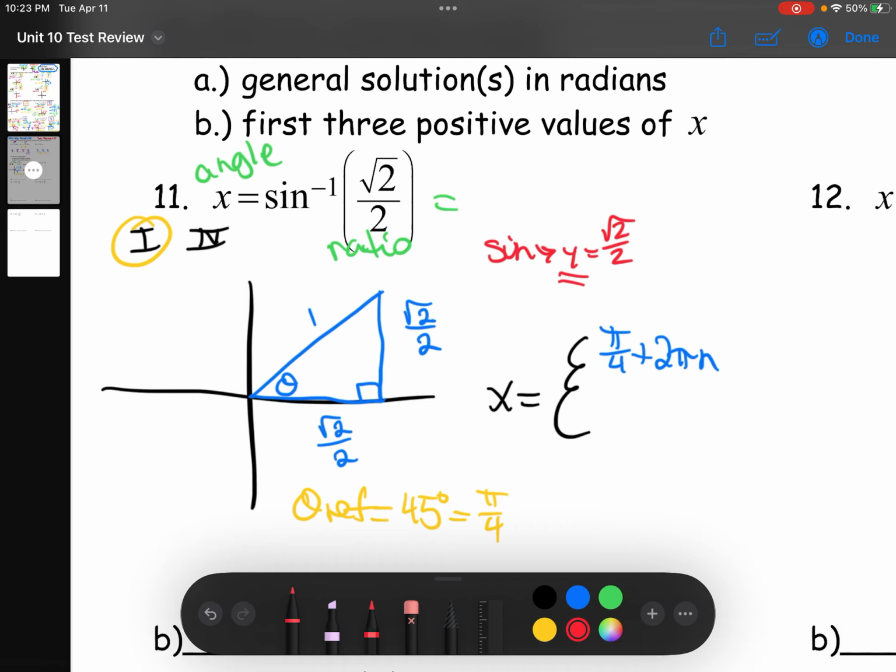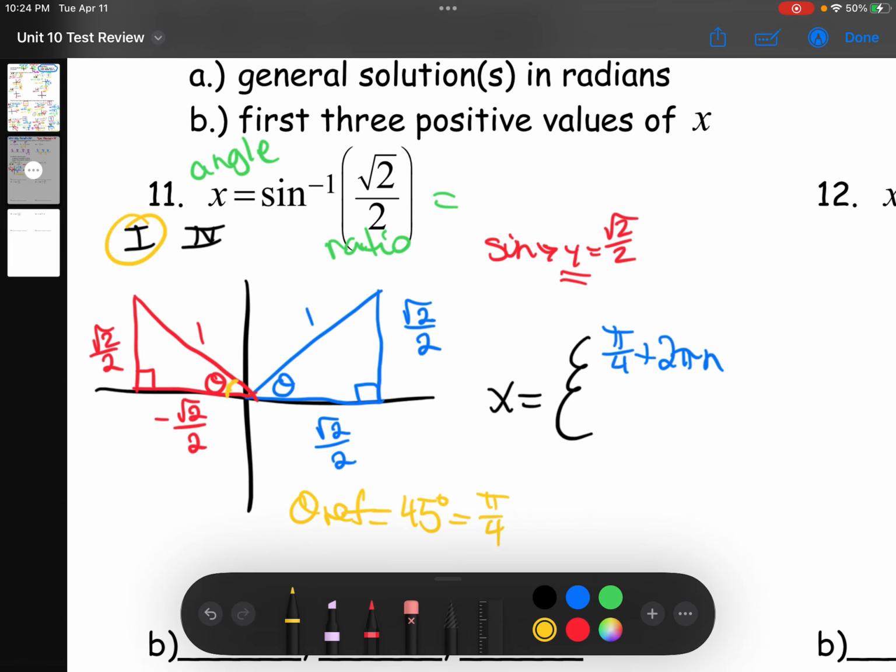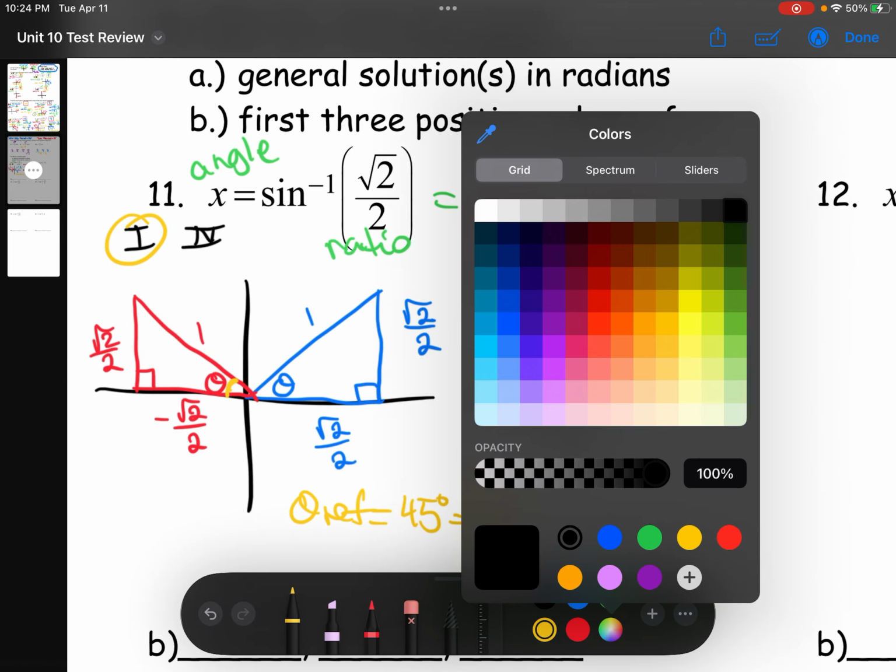Well, sine is y. Y is also positive in quadrant 2. So in quadrant 2, draw our angle into the quadrant, perpendicular to the x-axis, one leg on the x-axis, theta at 0, 0. That y is the same root 2 over 2. The x will be a negative root 2 over 2, hypotenuse of 1. Now, that reference angle is still pi over 4.